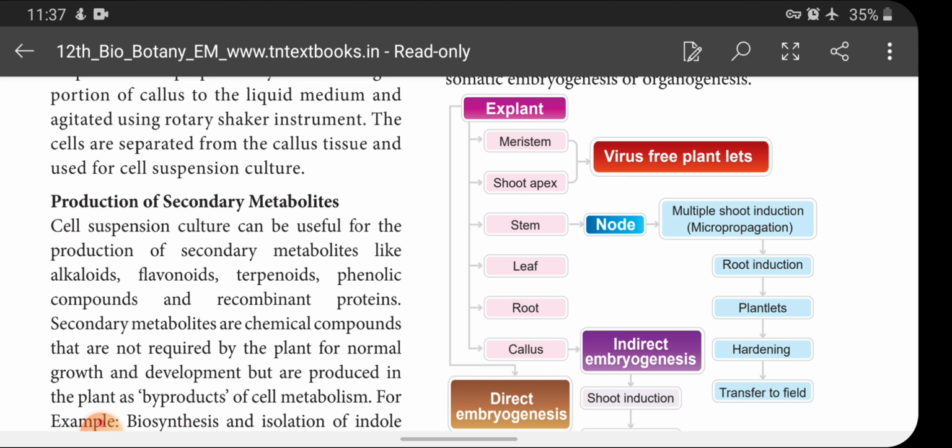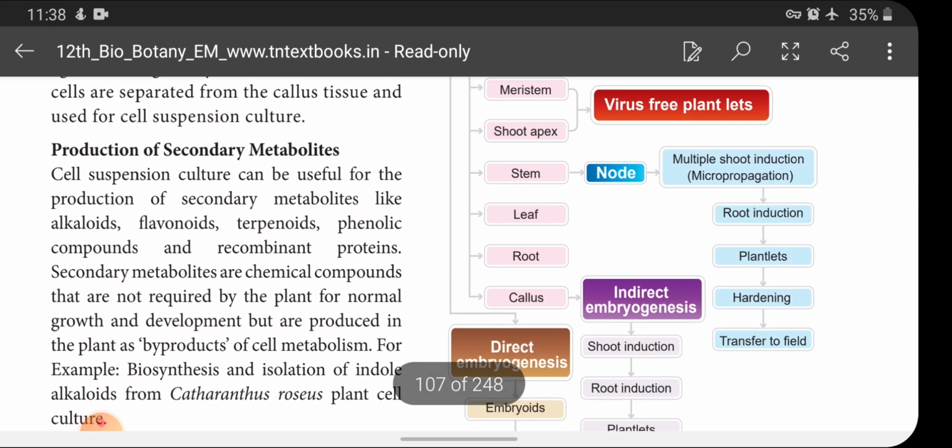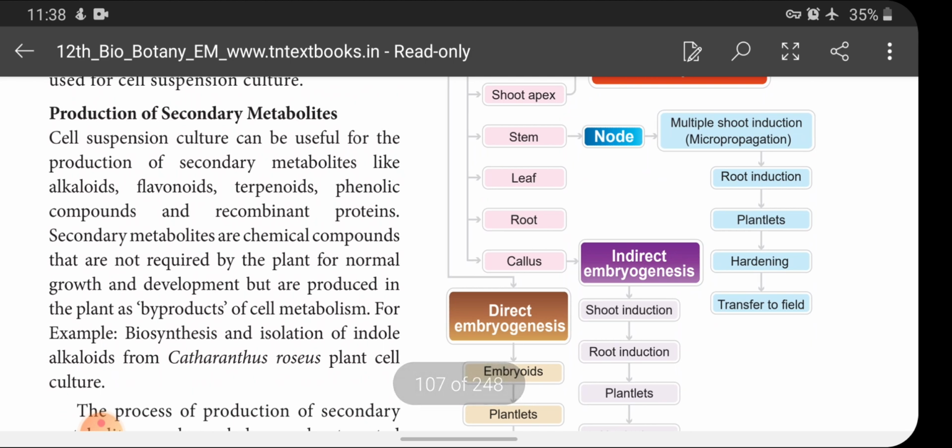Substances other than these are called secondary metabolites. Some examples: resins, gums, some drugs, some alkaloids present in the plant body. Such secondary metabolites we can produce using cell suspension culture. So which ones can we make? Alkaloids, flavonoids, terpenoids, phenolic compounds and recombinant proteins.